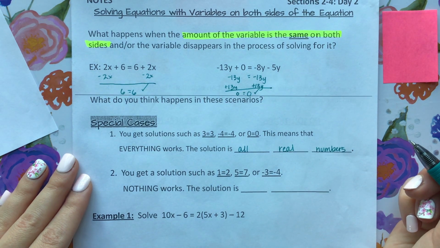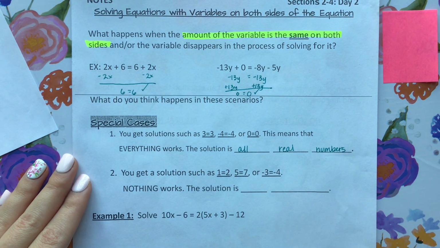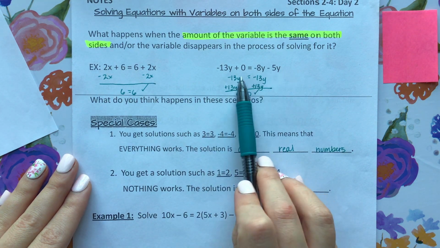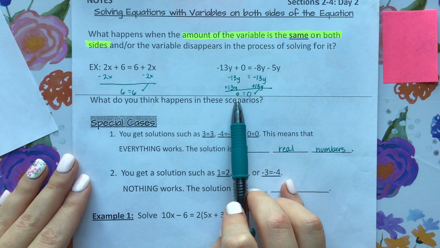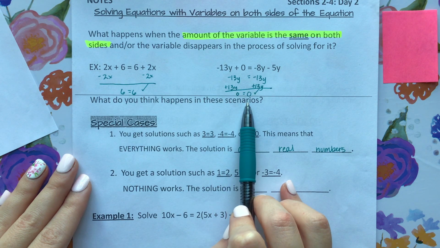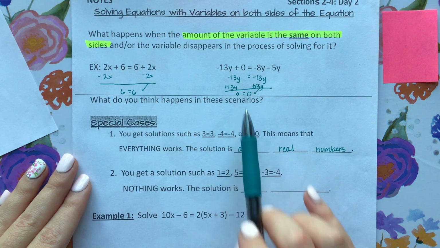So basically all we're saying is no matter what number you put in, it could be 1/2 or negative 100 or 25, it's going to balance this equation because the equation has an infinite amount of solutions.